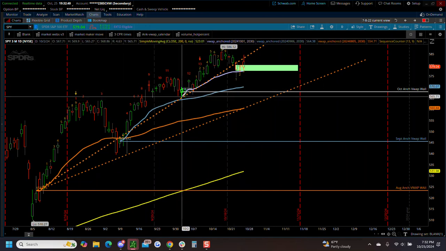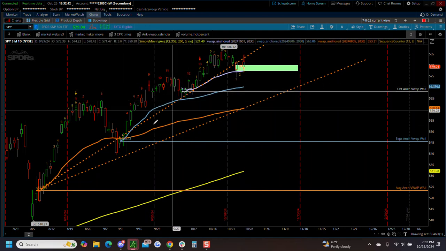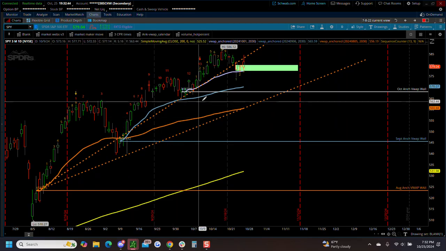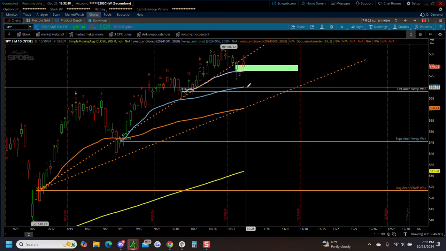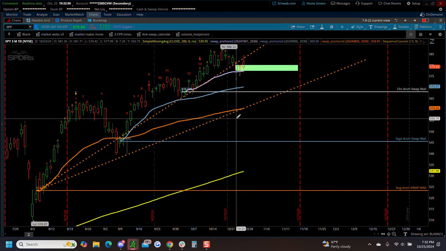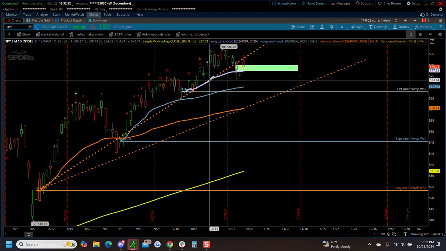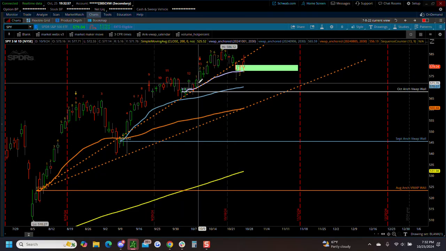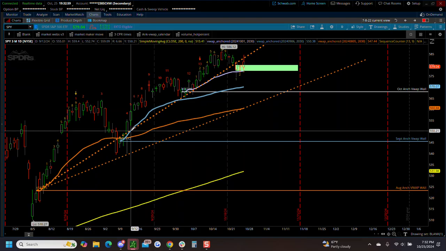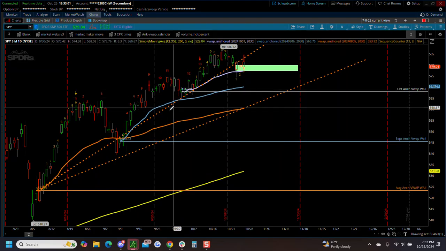Okay, we came close, but we did not back test. September's range, suggesting that we're probably going to be coming down into the September area here to back test it, and that would be pretty much wiping out this October high here. So be very mindful of that, because this entire September has not been back tested.